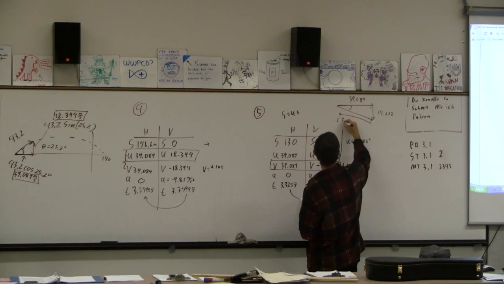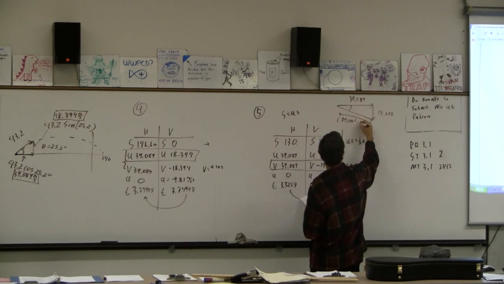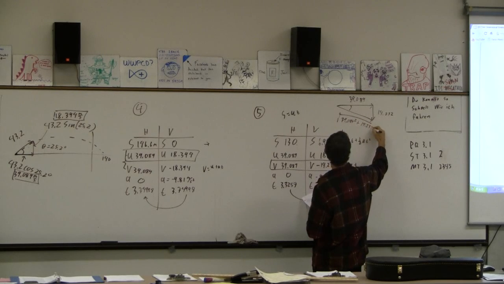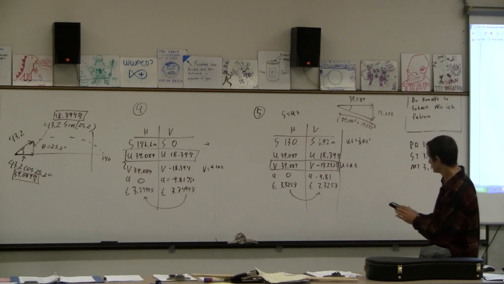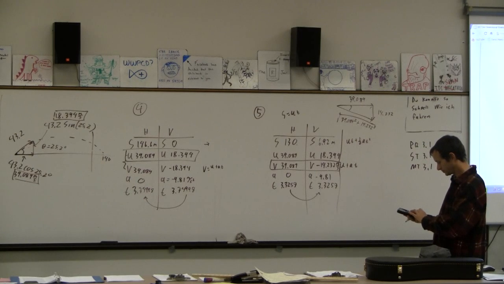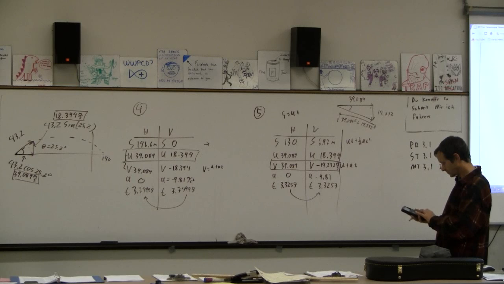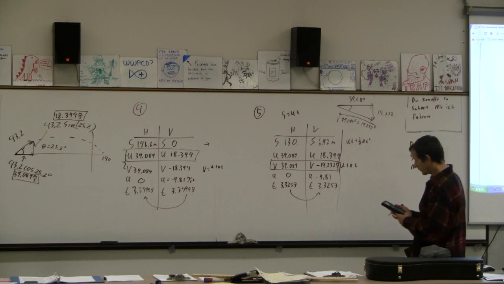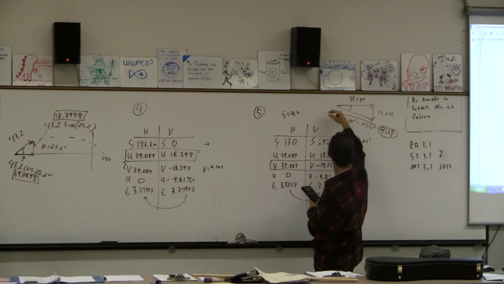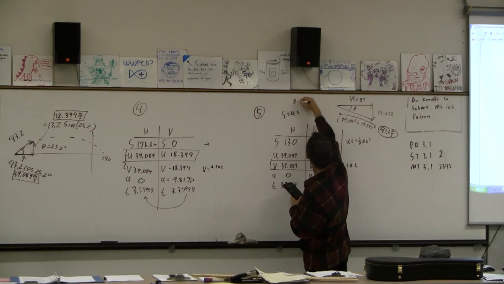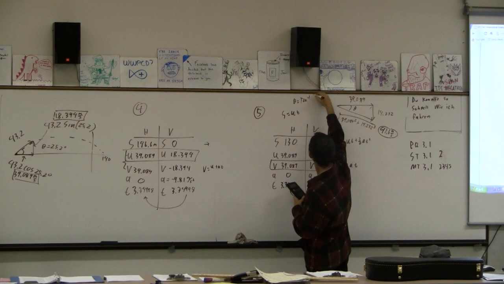So the hypotenuse is .6, and then that angle is tan minus 1.